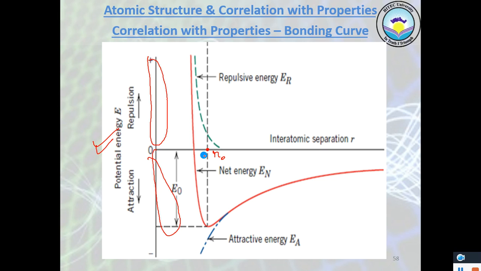At this point, the amount of energy required to dissociate the atom pair to separate ions at R naught, on the mean line, will be E naught. So this is your E naught, that is the bond energy. Okay.